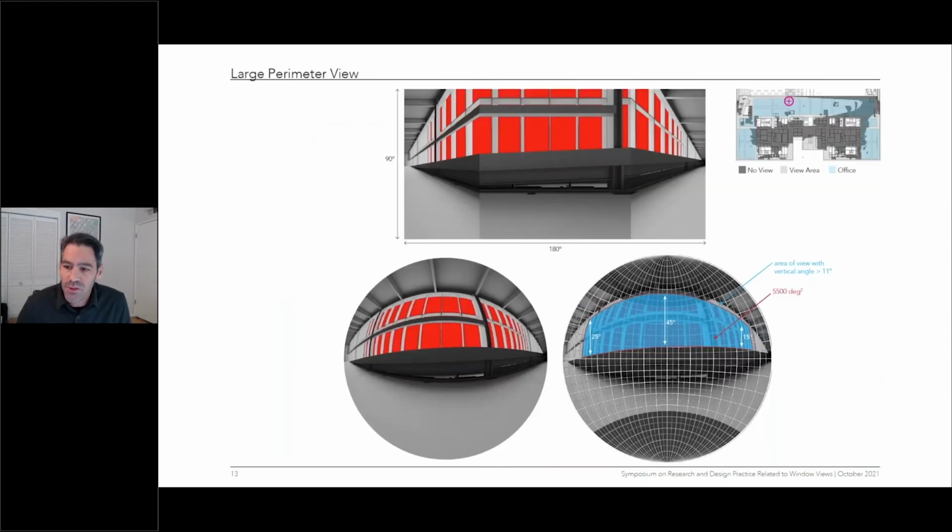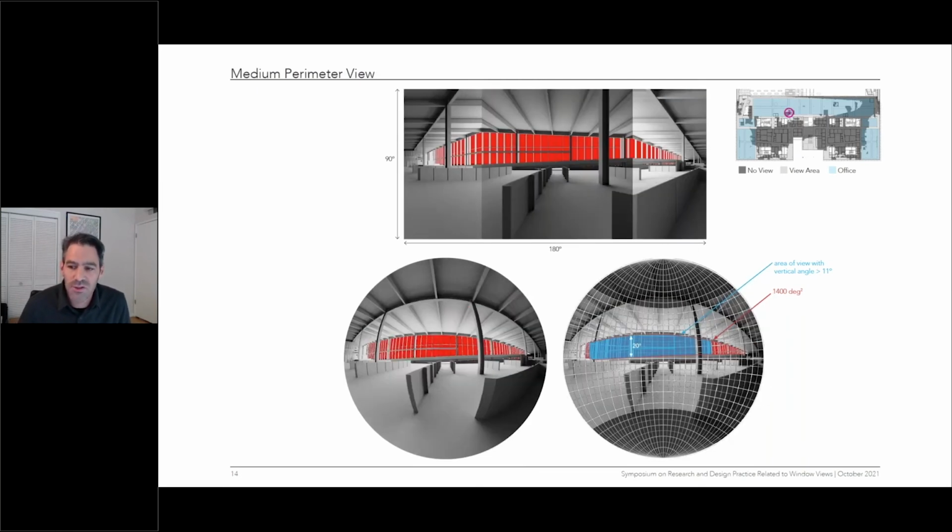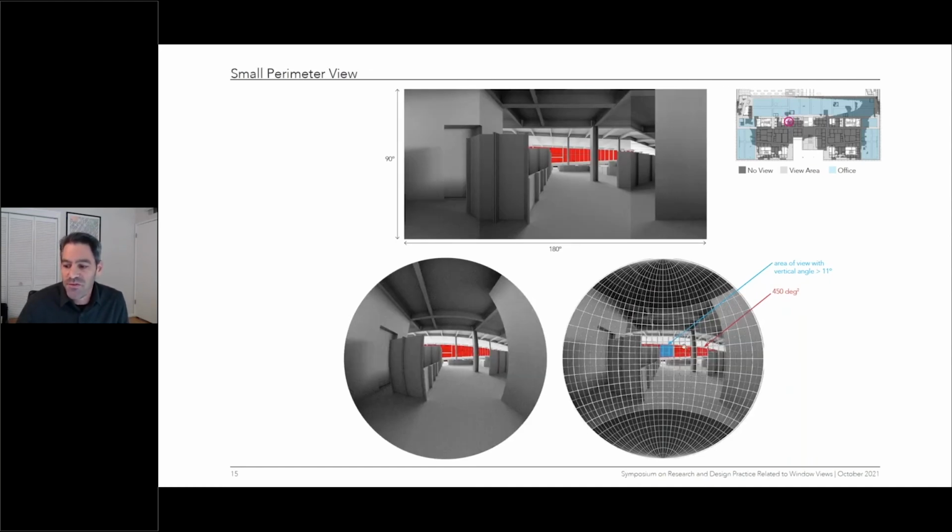And then we took this to that building I showed you previously, a large floor plate building, and tried to map how the linear angles and square degree solid angles would map onto this as you move through the space. So this is a huge view, 5,500 square degrees. As you move back, 1,400 square degrees. As you move back even more, 450 square degrees.